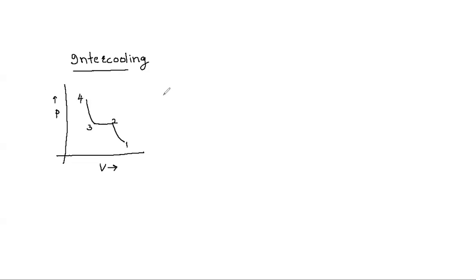So 1 to 2 is a compression at lower pressure, in a low stage compressor, or LP compression. And 3 to 4 is the high pressure compressor. And 2 to 3 is the intercooling.